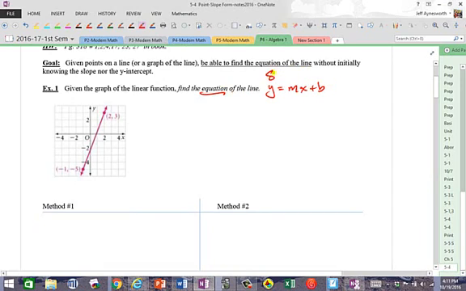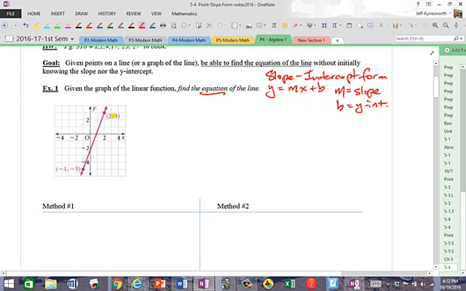This is called slope-intercept form, where m equals the slope and b equals the y-intercept. And this is something that you already know from prior lessons. So the question is, given this graph of the line, how do you find the equation of the line in slope-intercept form?